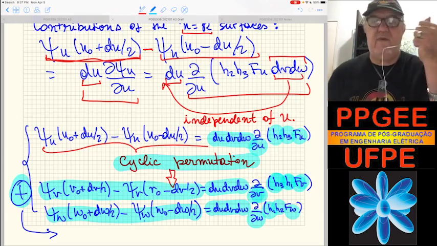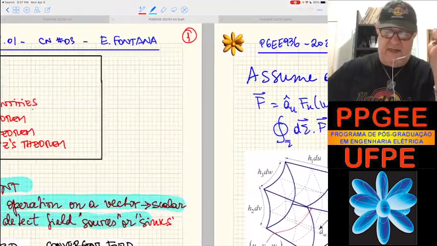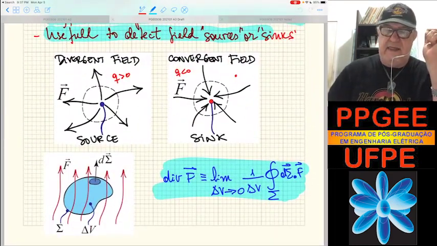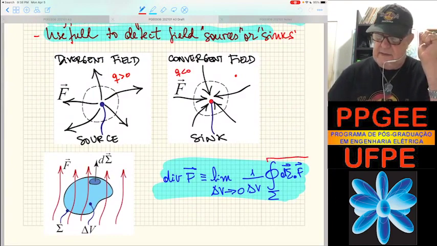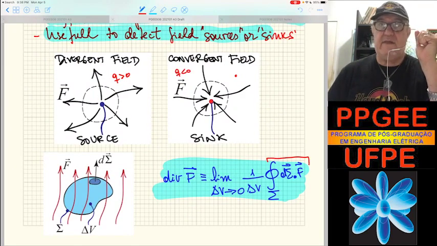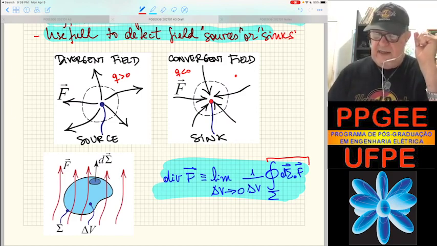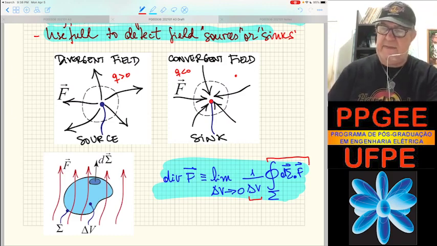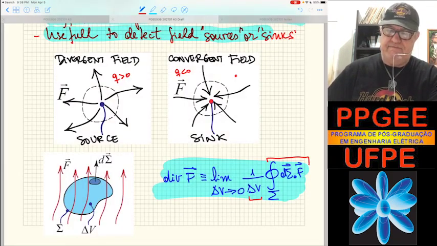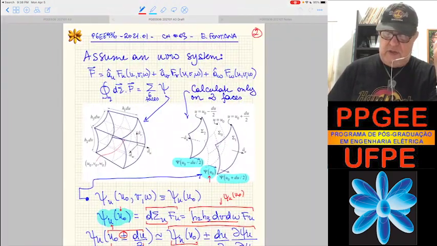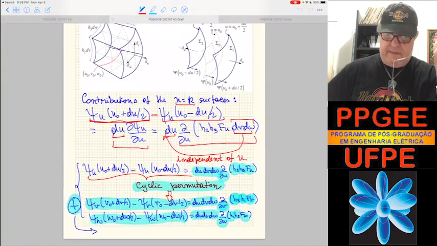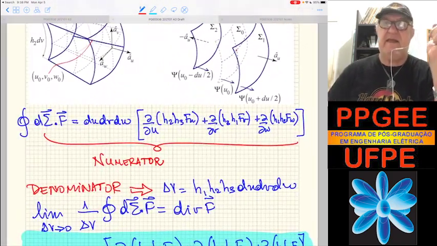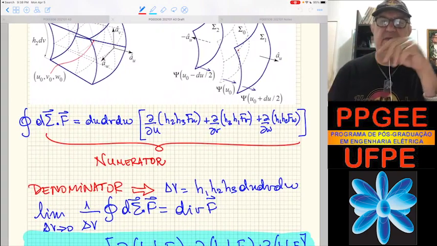So that's the numerator. Let's recall the definition, right? The divergence, by definition, we are calculating this part here, the numerator of the expression. Then we are going to find the differential volume, make the ratio, then make the limits. So here we are. When we do that, we make the sum of the contributions.